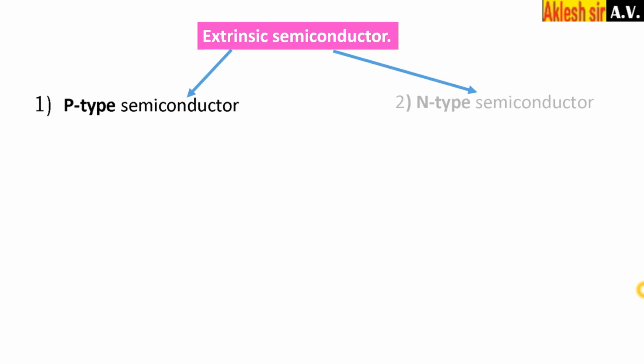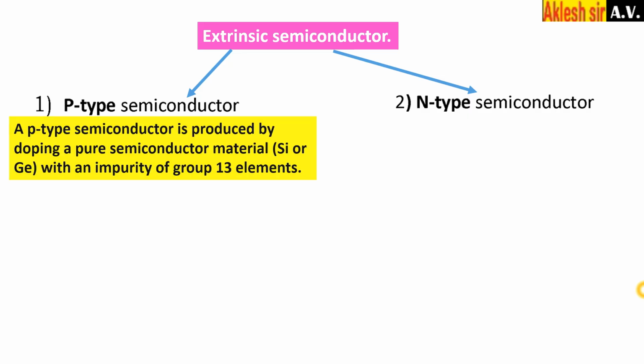There are two types of extrinsic semiconductor. One is the p-type semiconductor, another is the n-type semiconductor. A p-type semiconductor is produced by doping a pure semiconductor material such as silicon or germanium with impurities of a group 13 element.